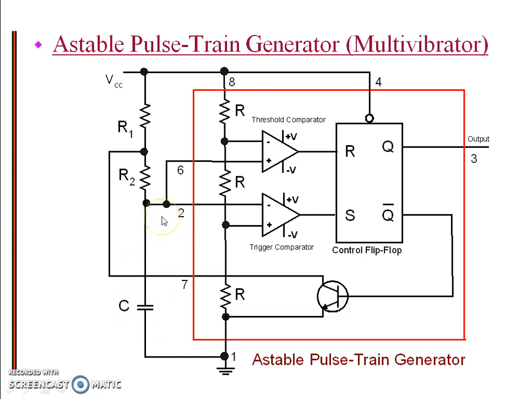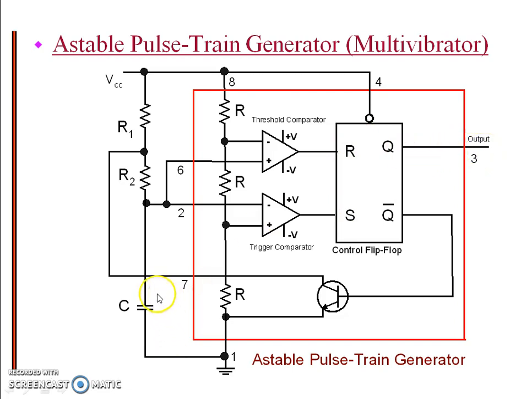Then the output of the control flip-flop will change. For example, if the output is initially 0, then when the capacitor charges to 2/3 VCC, the flip-flop output will change. One of the comparators changes its state and changes the input conditions to the flip-flop, and then the output is switched.